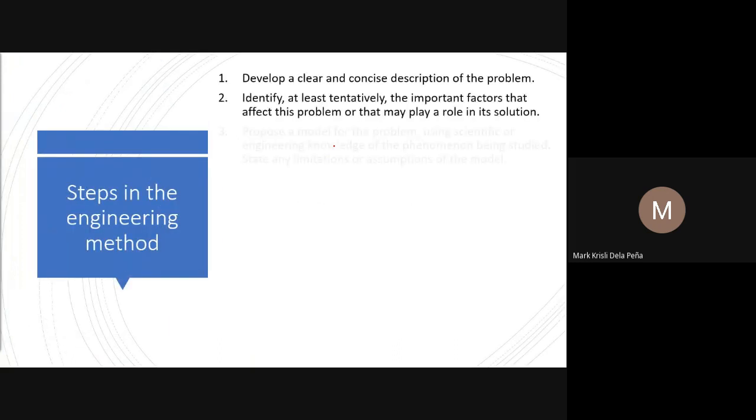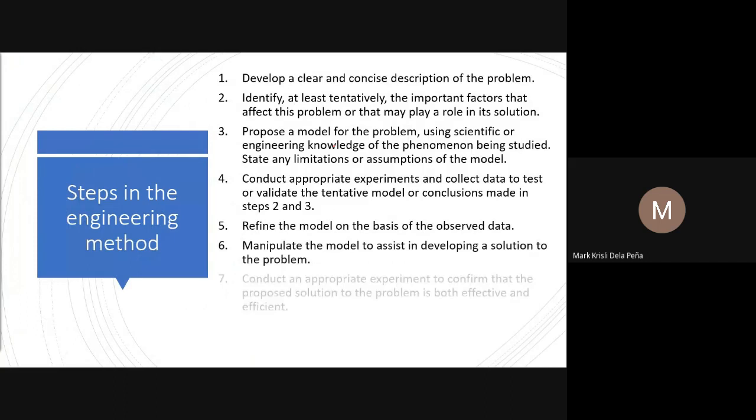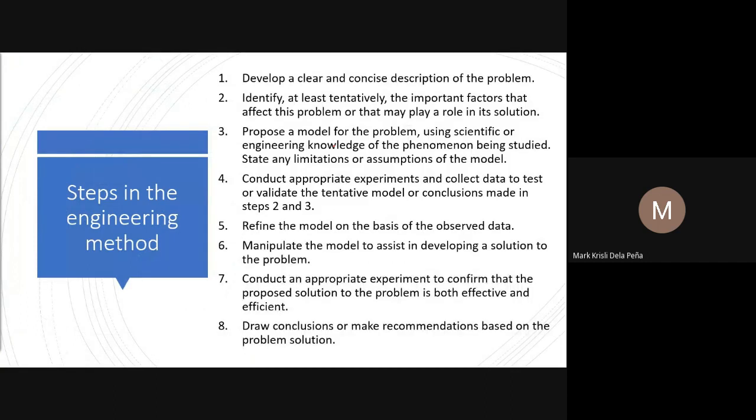Here are the steps. The first one is develop a clear and concise description of the problem. We must be able to describe and identify what the problem really is. Second is, at least tentatively, we have to formulate or identify the important factors affecting the problem.